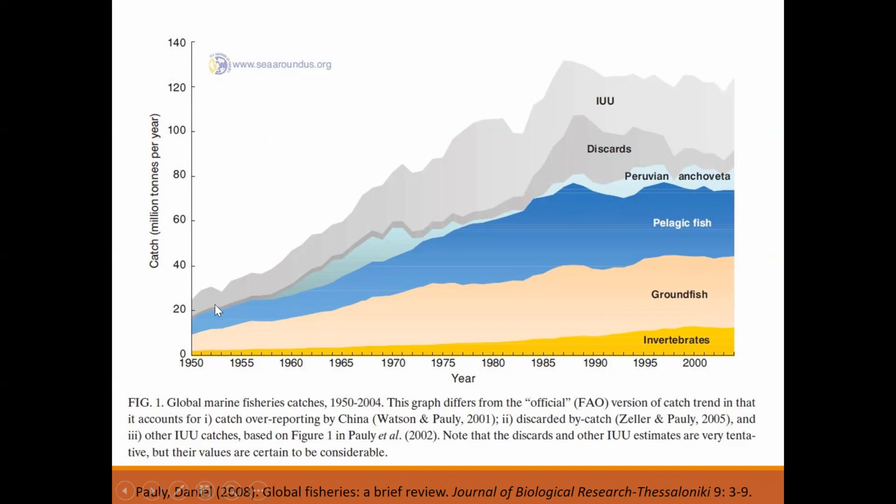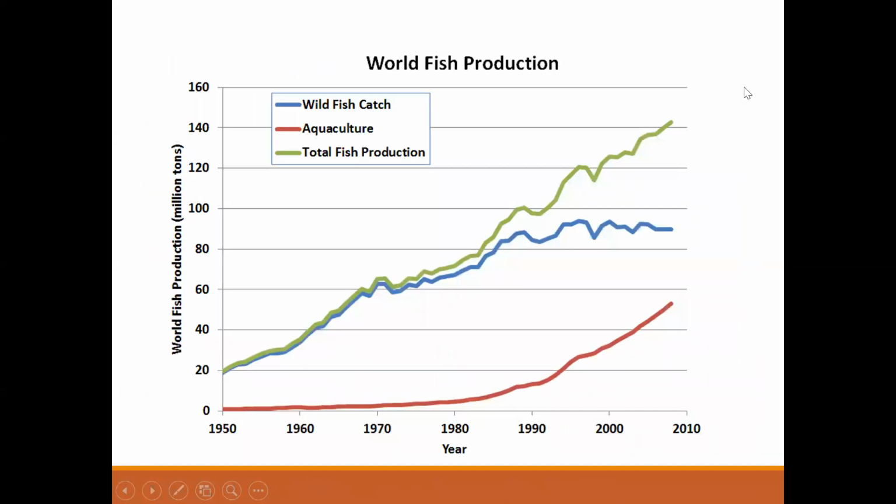The other thing that I want you to really notice about this is that you can mark here that overall we see this sort of exponential growth curve that in the last 30 years has really leveled off. So here's another one, going into 2010, of world fish production. And again, you can see that there is overall an exponential growth, but it's really more of a linear growth, and it started to level off with wild fish catch being supplanted by aquaculture.